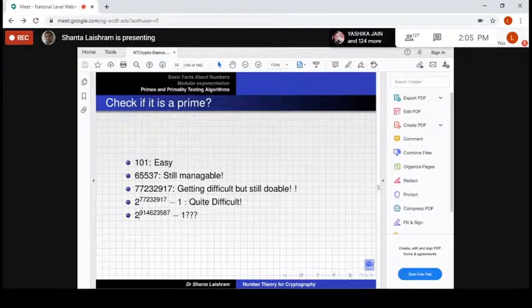But if I give you the last number, what can you say about whether it is a prime or not? If I give you 914623587, it may look quite difficult, but it's very easy, because this number is divisible by 3.